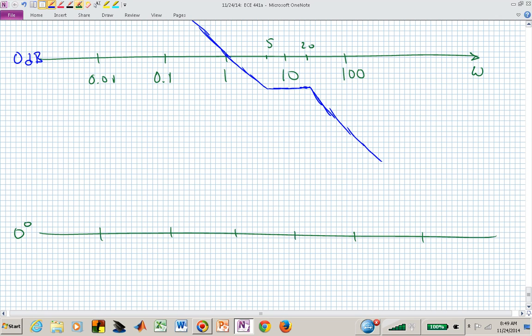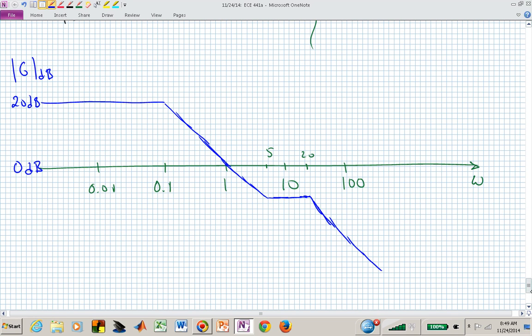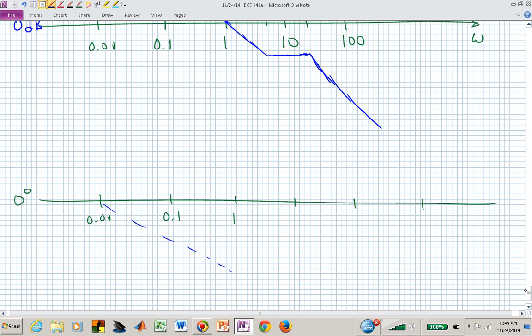But at 0.01, I start going down to minus 90. And then at 5, I am right here, but I need to kick in at 0.5, and I need to kick off at 5.